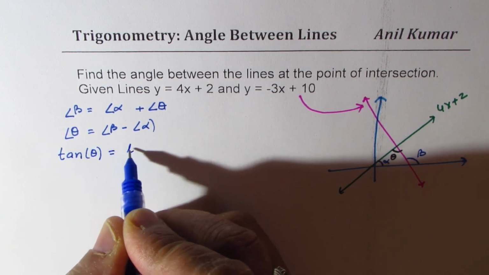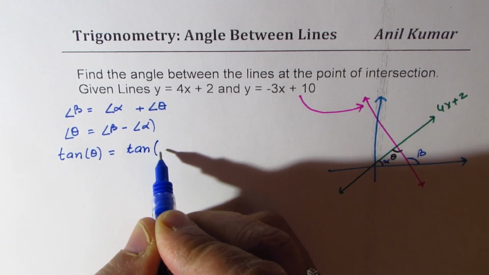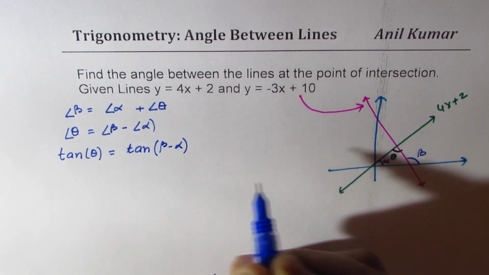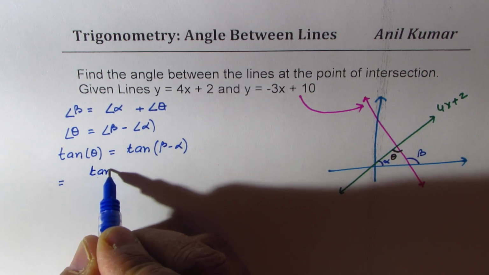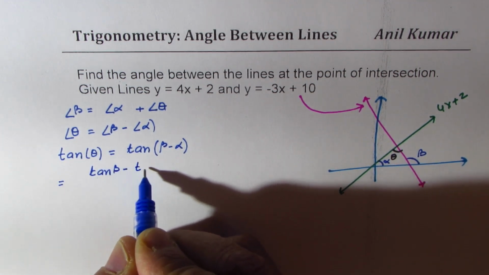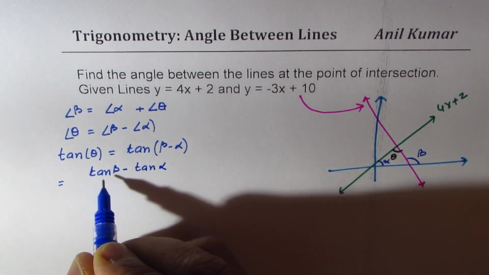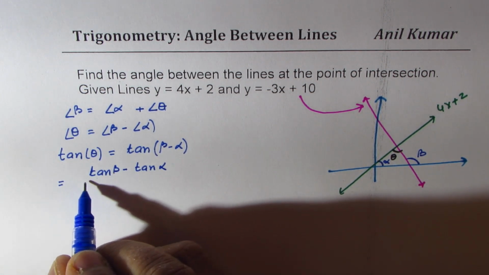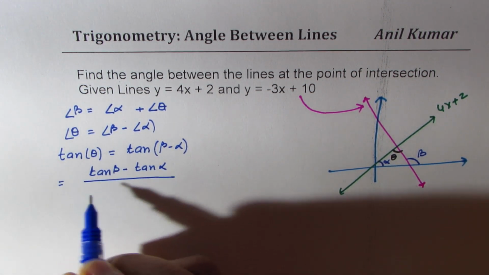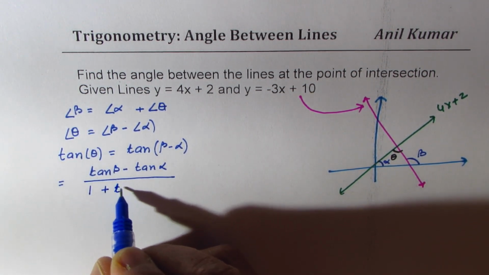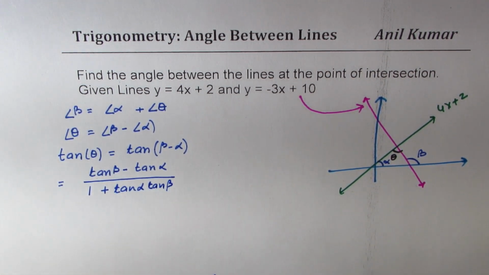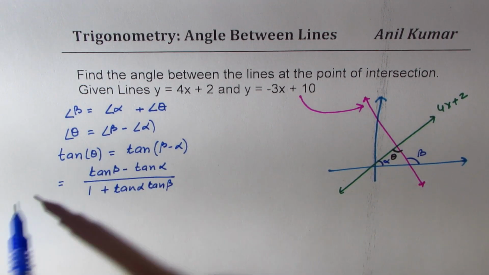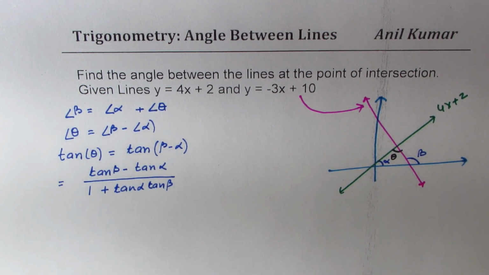The formula will be tan of (beta minus alpha), and you know the formula: tan beta minus tan alpha over 1 plus tan alpha tan beta. So from this formula we can always get the angle.